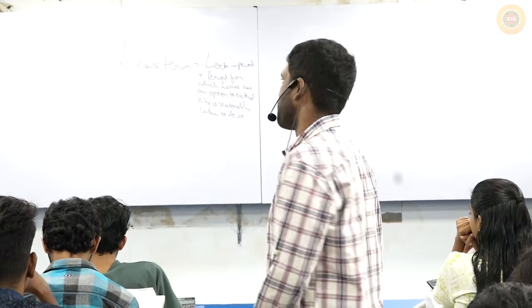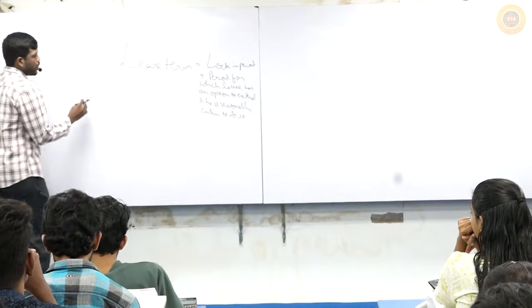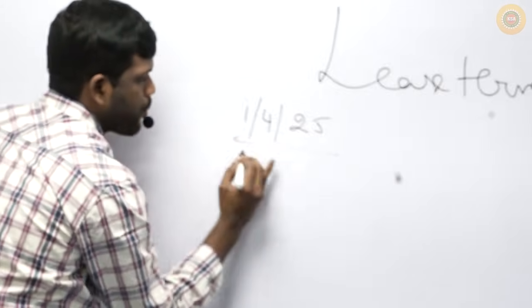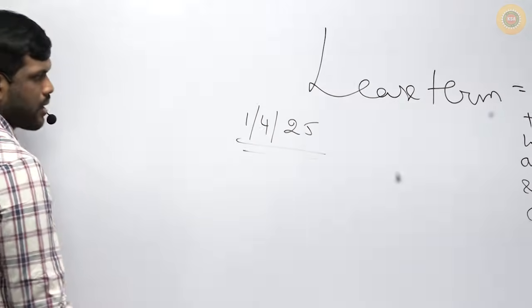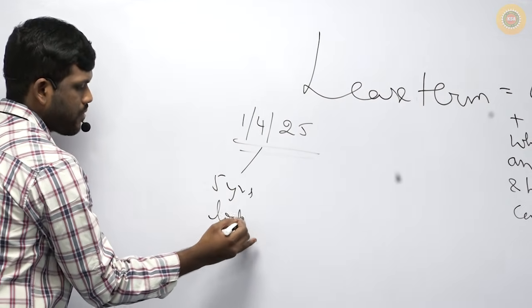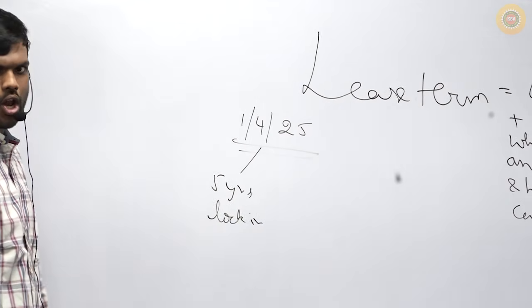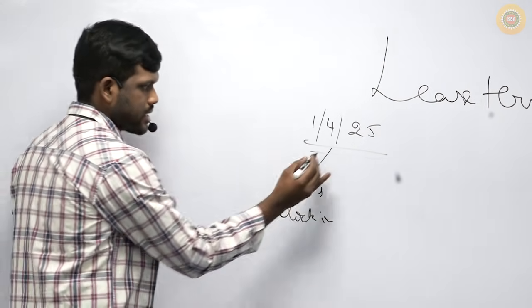For example, you are entering into a lease agreement on 1st April 25. The agreement says 5 years lock-in. In the lock-in, can anybody cancel or can nobody cancel? Nobody can cancel.